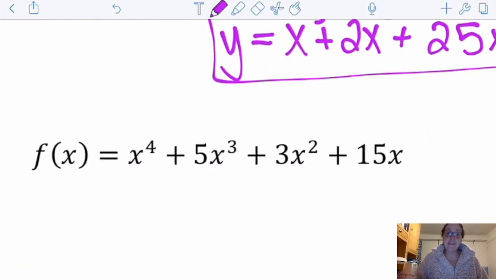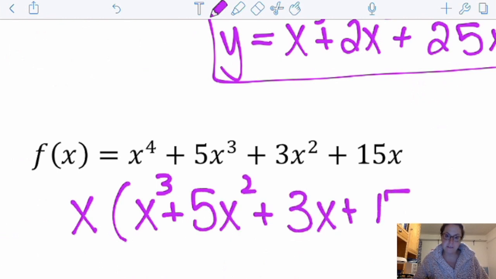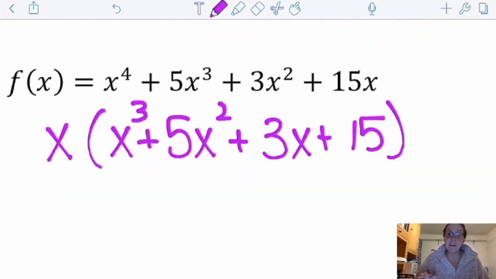Now, if it's not in factored form, you're going to need to factor. So here, I see 4 terms. I'm going to start by taking out a GCF, see if that helps me. So all of these have an x. That leaves me with x cubed plus 5x squared plus 3x plus 15. Now, I still have 4 terms, so I'm going to factor this by grouping.